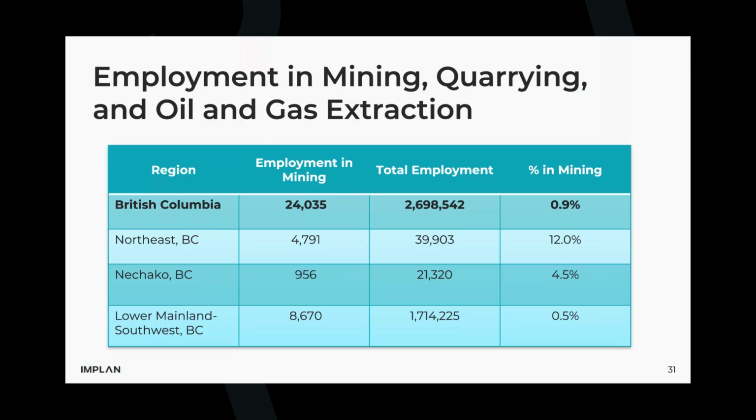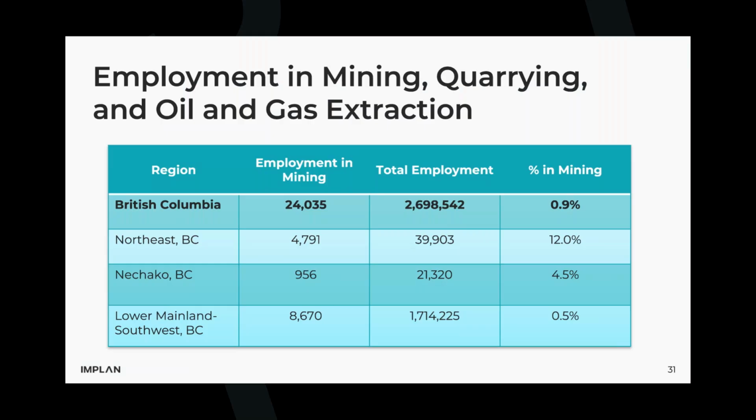In the Northeast region, this sector accounts for 12% of regional employment. And in Nechako, this industry accounts for 4.5% of total regional employment. Again, this is in contrast to the very populated area of Lower Mainland Southwest region, where it accounts for less than 1% of regional employment.